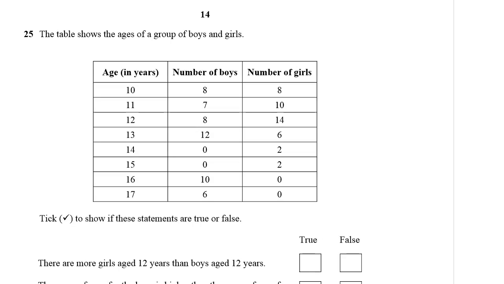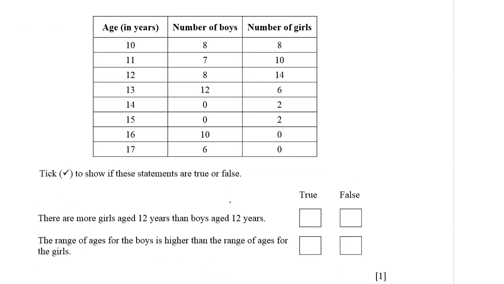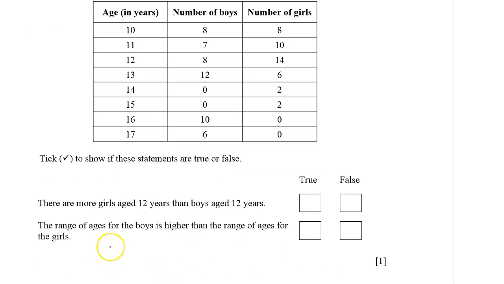Number 25, the table shows the ages of a group of boys and girls. Tick to show if these statements are true or false. There are more girls aged 12 years than boys aged 12 years.